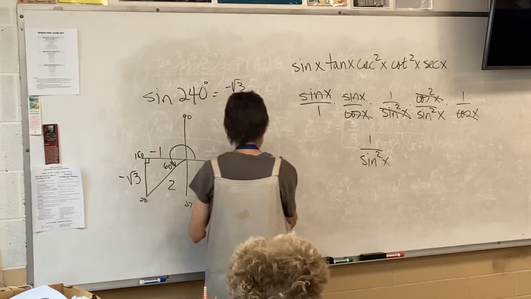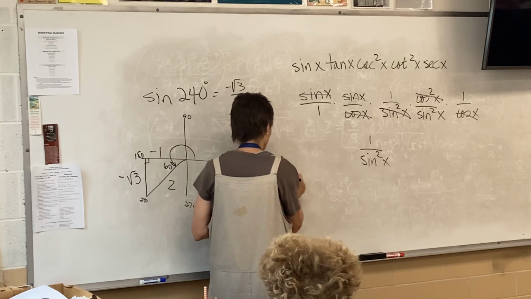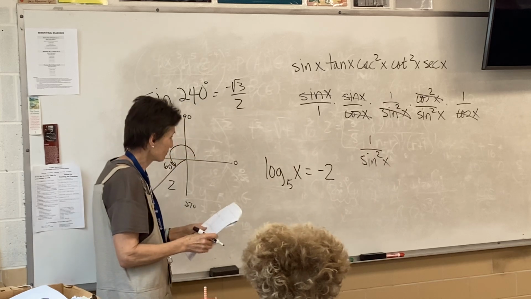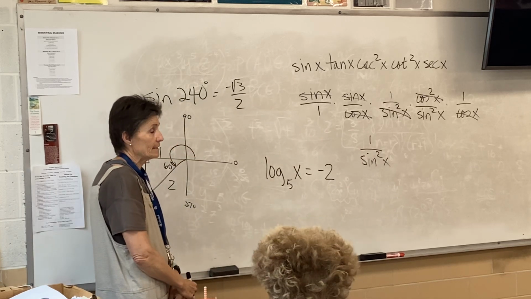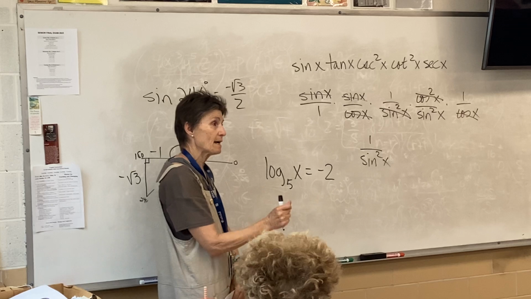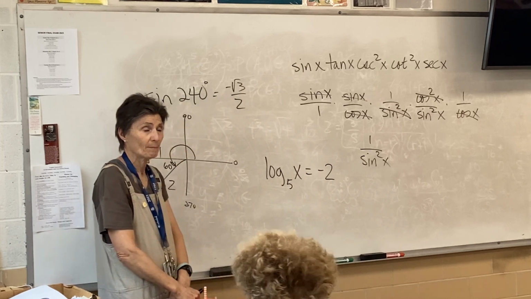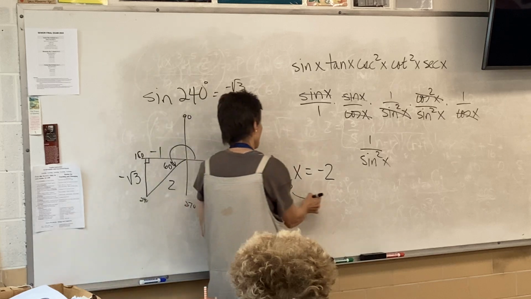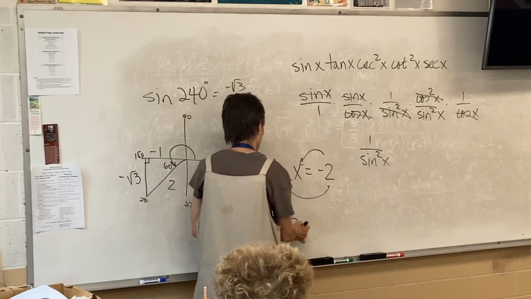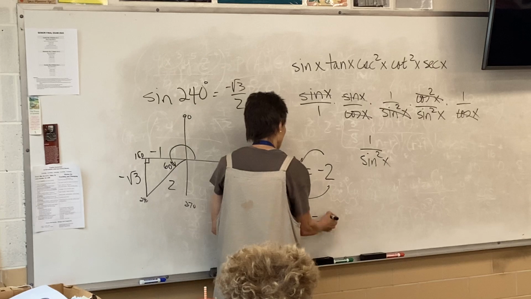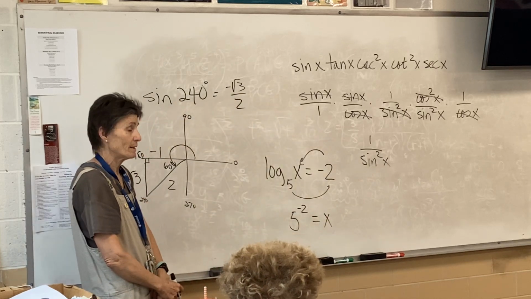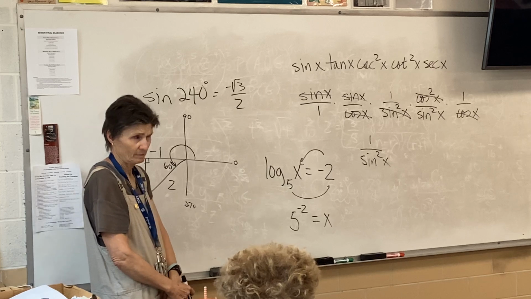Problem number 4a says solve this equation. Easy. One quick step takes 15 seconds. Anybody remember how to do it? Loop-de-loo. Yep, this is a loop-de-loo. So 5 to the negative second equals x. We already talked about this. What does a negative exponent mean?